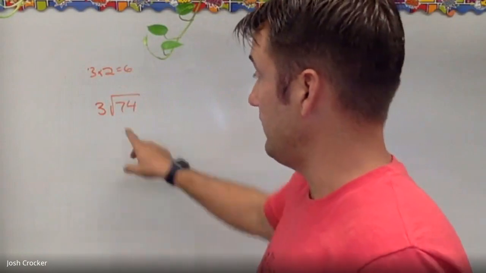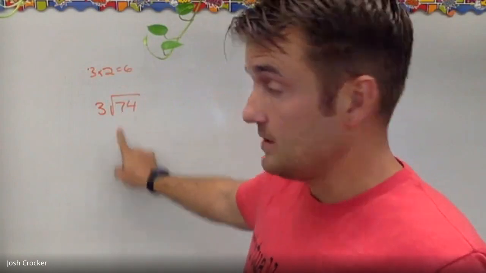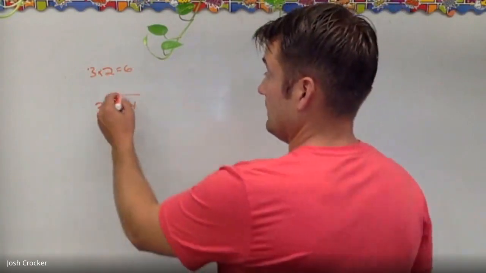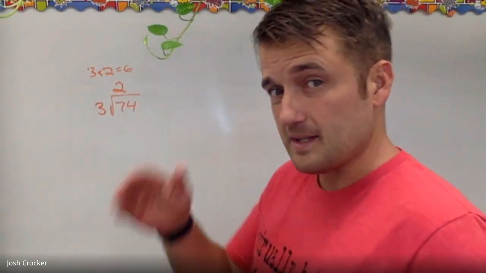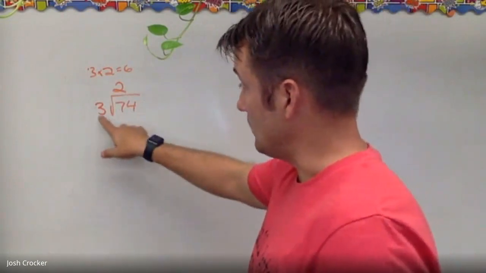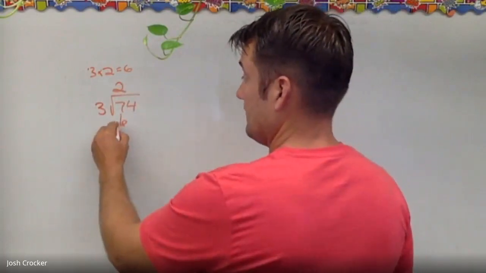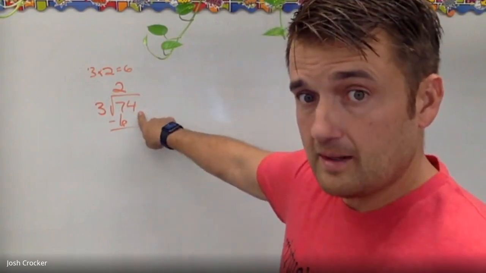I did not do 74, I just did 7. So this 2 that I'm going to use here goes over the 7, and that is a way for me to see where I am in the problem. So 3 times 2 is 6. I'm not dealing with this 4 at all yet.